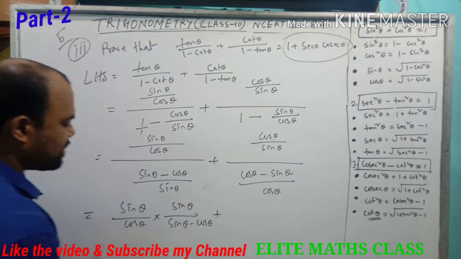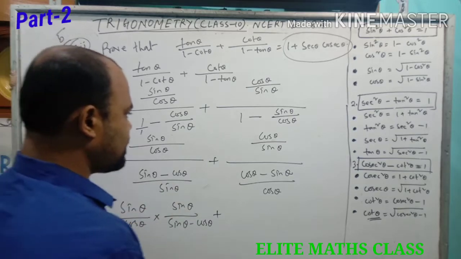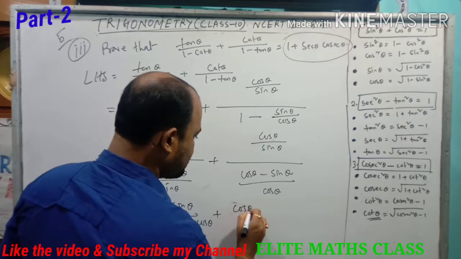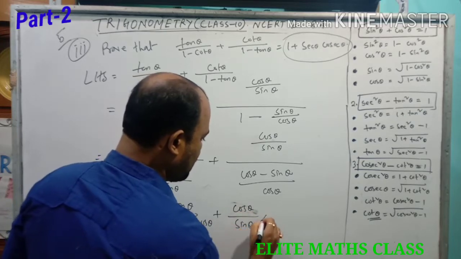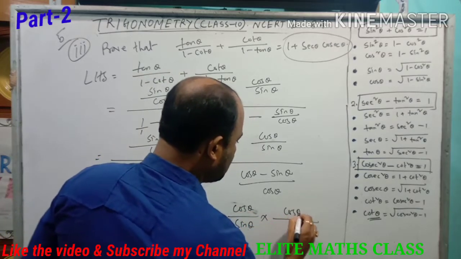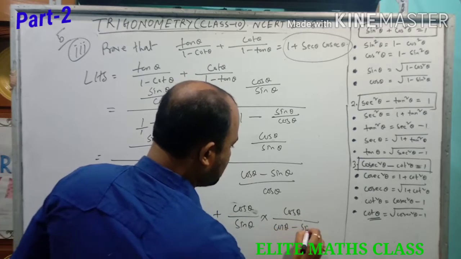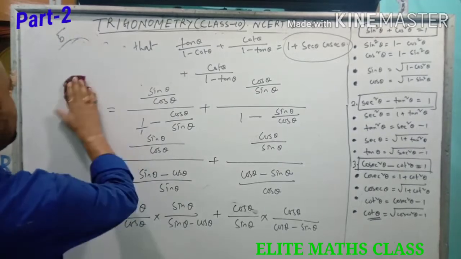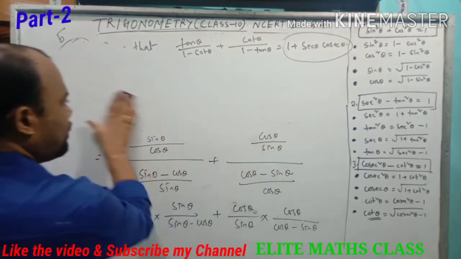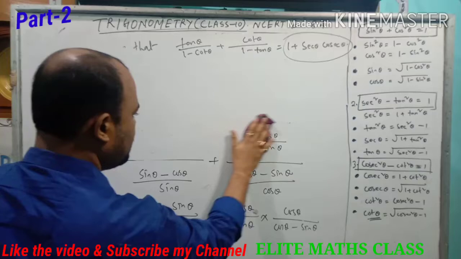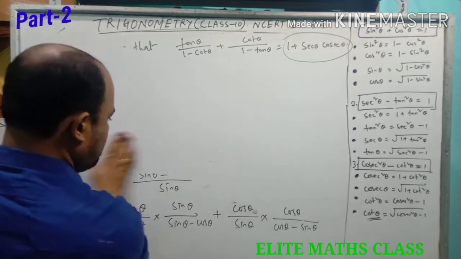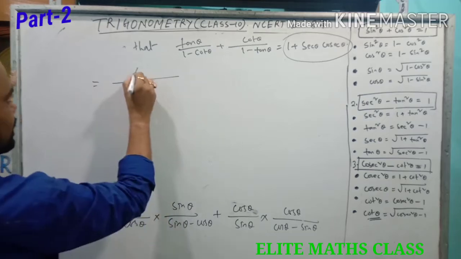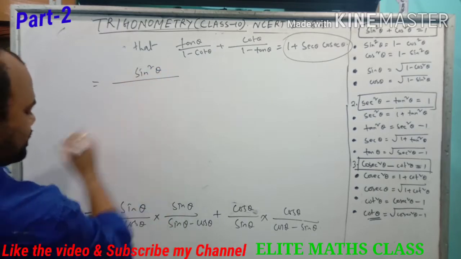I am showing every step so that you can easily understand the sum. Now what will this term be? It will be cos theta by sin theta into cos theta by cos theta minus sin theta. Now in the next step, sin theta into sin theta, so it is sin square theta.